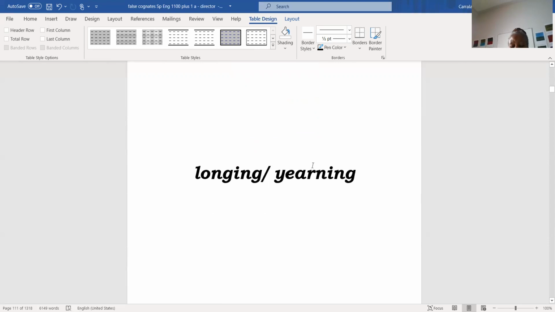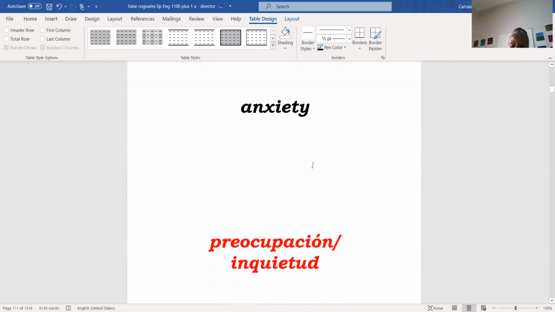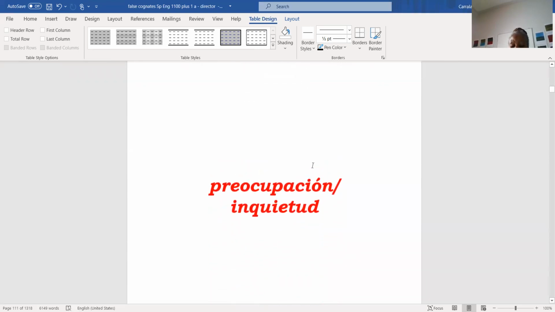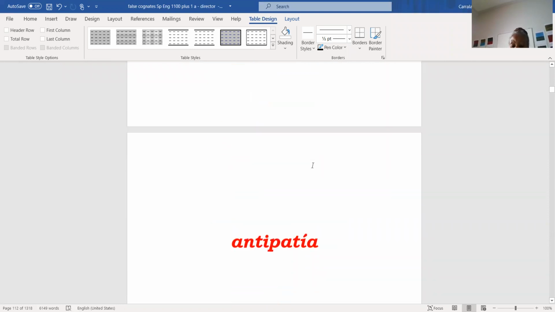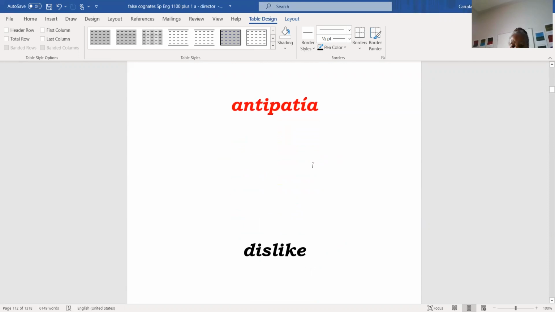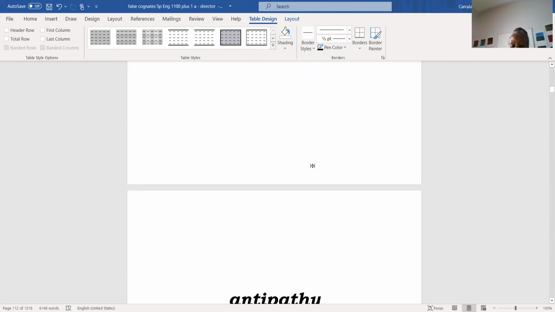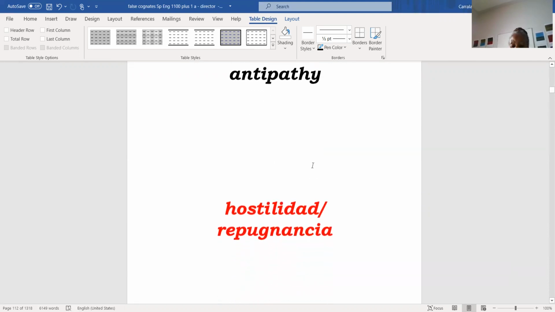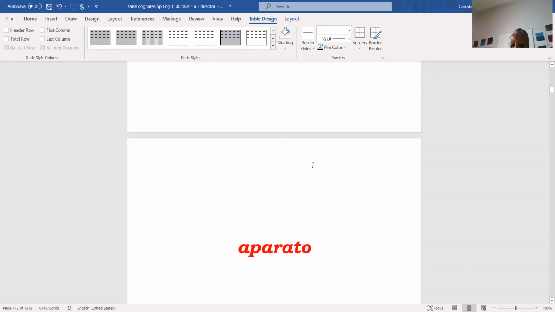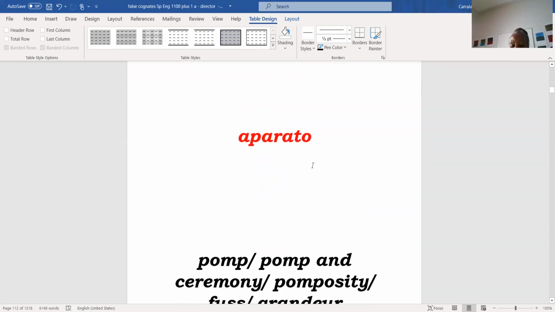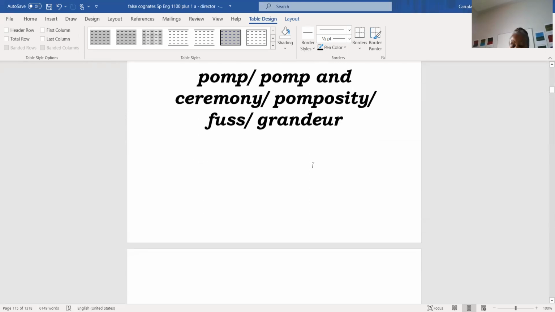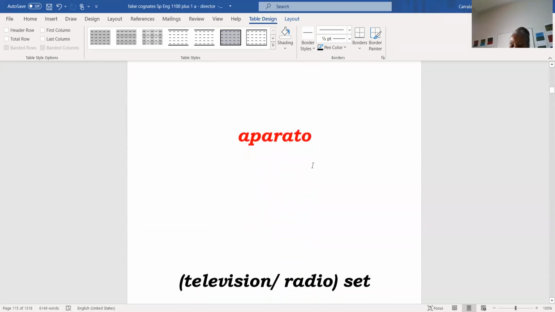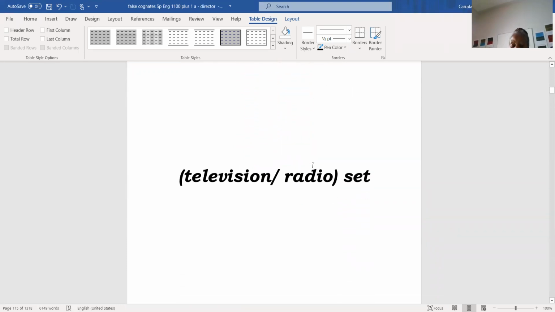Yeah. But it's translated better as preocupación. So you can see some of them are connected, but a lot of times I translate them differently. When they're translated, you use a different word.